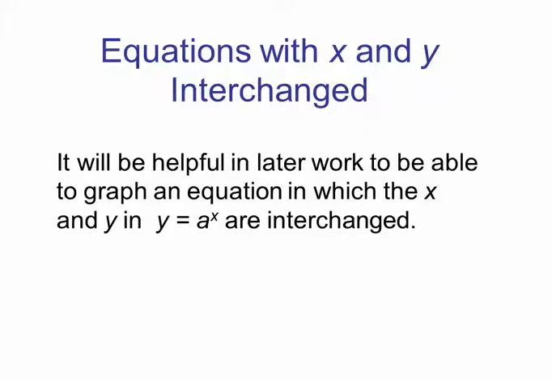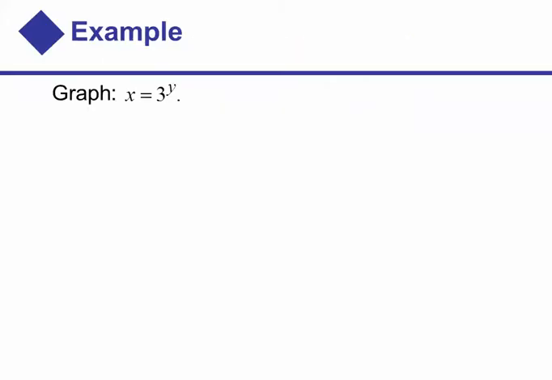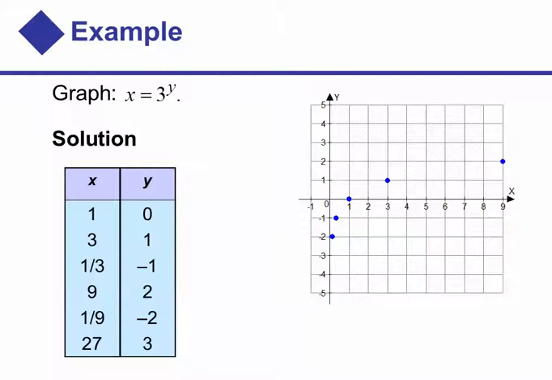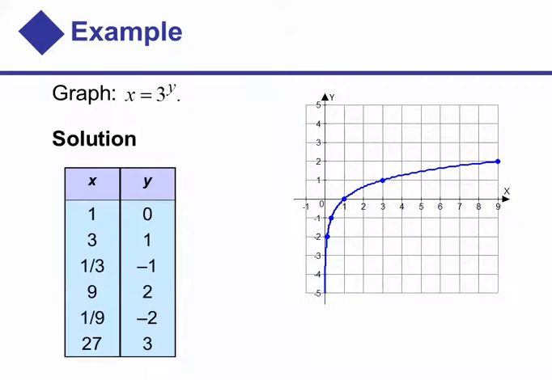Now, sometimes you're going to want to exchange the y and the x, and it will be helpful to be able to graph an equation like x equals a to the y. So x equals 3 to the y. Again, we will make a table of values for it, and we'll draw it out, and you see what happens?